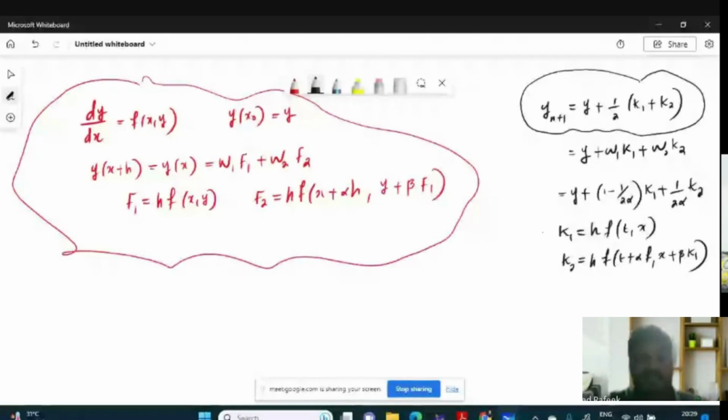And this, most generally, you can take in terms of x.